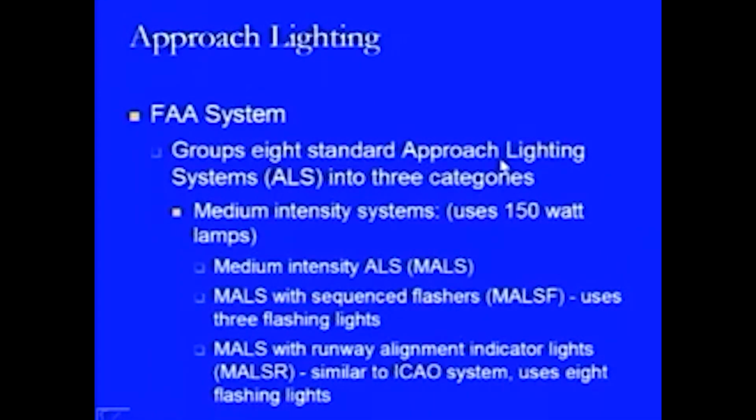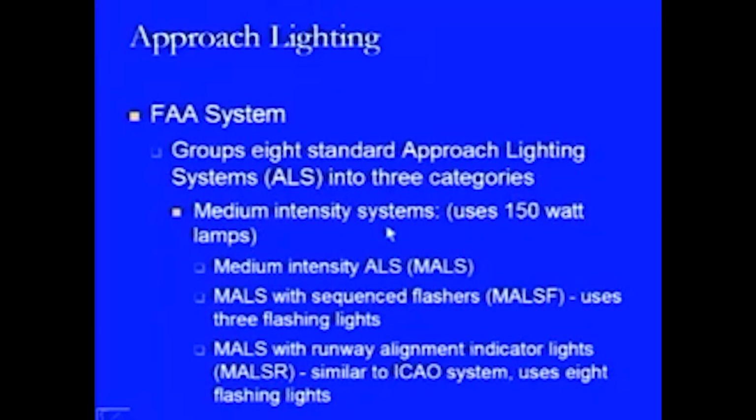Then we look at another system, which is the FAA system, the Federal Aviation Agency system. Here it groups the lights into 8 standard approach lighting systems, ALS, and these are further categorized into 3 categories.